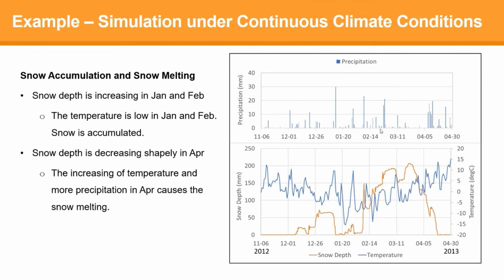For this time, the precipitation will mostly be snow, so that's why the snow is accumulated and maintained around that level, and then suddenly dropped in March and April because the temperature increased. So again, this somehow aligns with the observation that I showed at the very beginning about the flooding that we saw happening right now in north or northwest Ontario and Alberta.